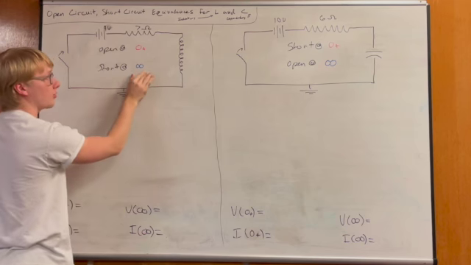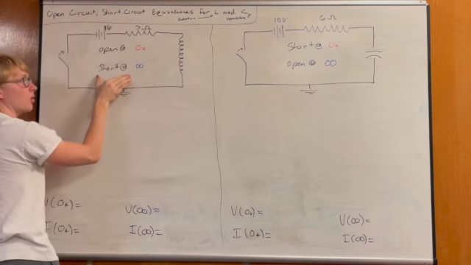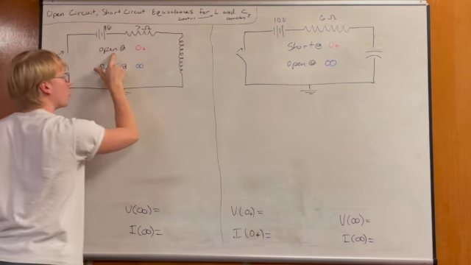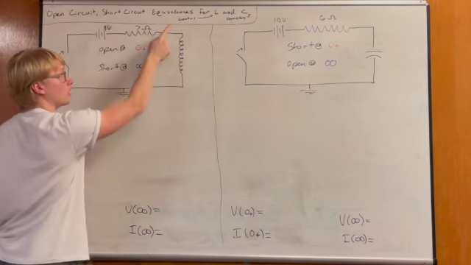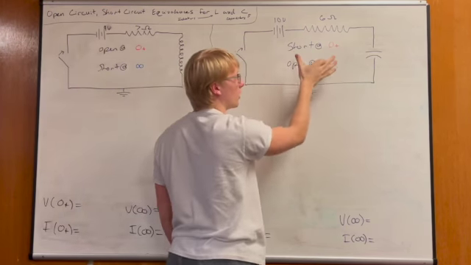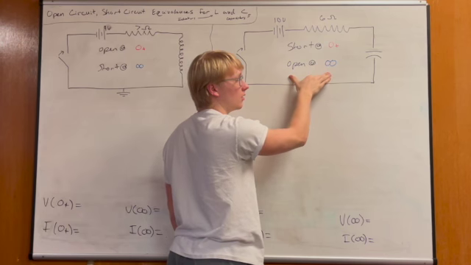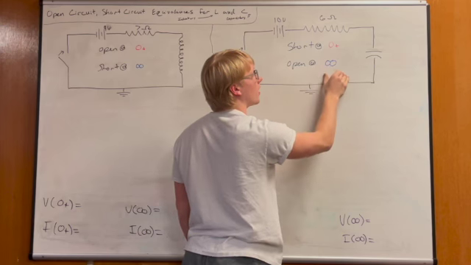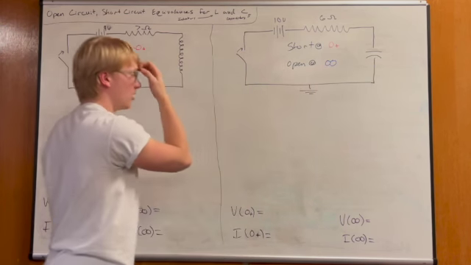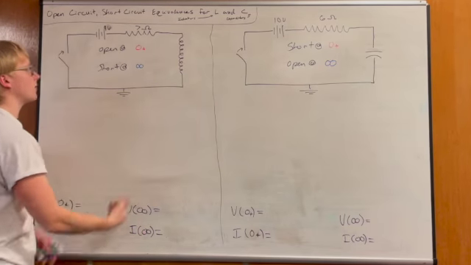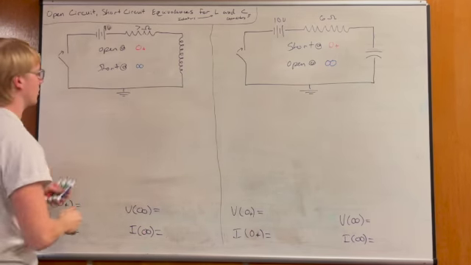And after a long period of time, we're going to draw them as short. Now that's open, then short for inductors. Capacitors are short, then open. So initially it's going to be short, and after a long period of time, it's going to be open. So as you can see, it's open, short, short, open. There's a distinct opposite difference there.